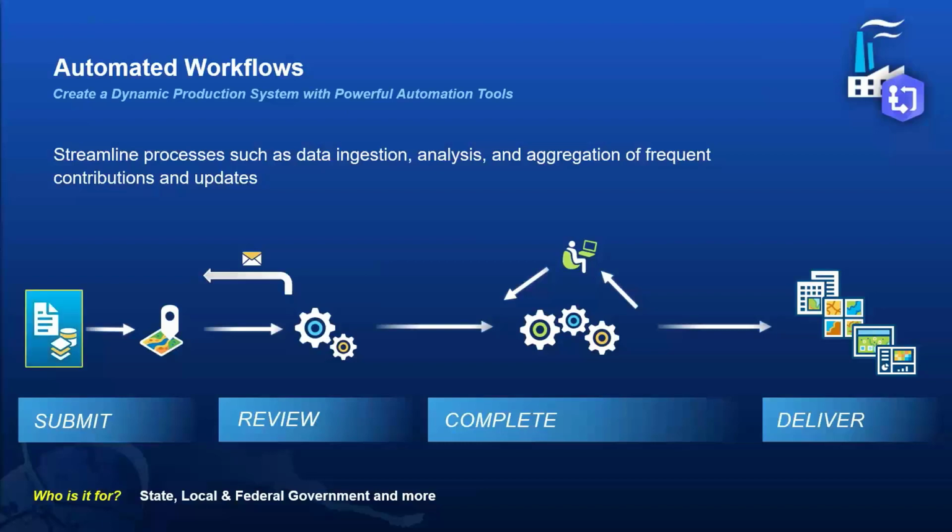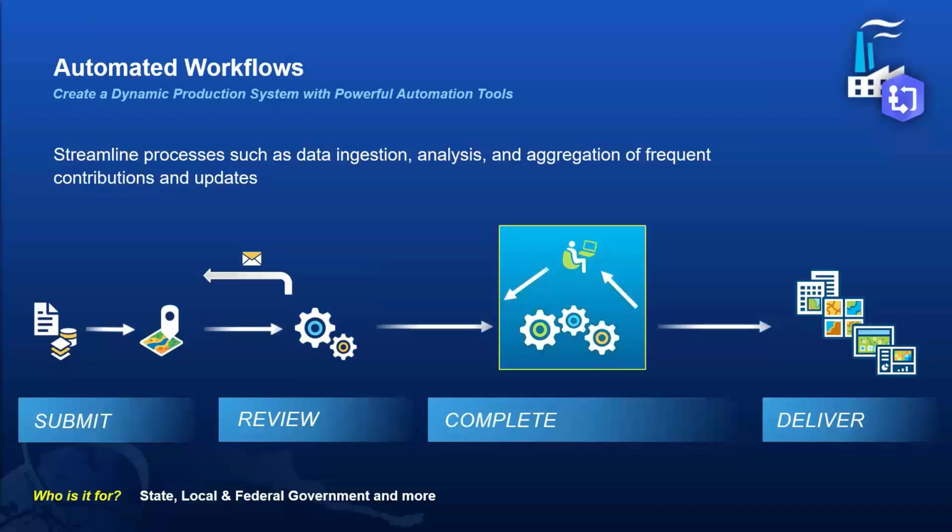So the submission of the work could be done via web request, webhook, by monitoring FTP sites on a schedule, for example, or other data sources for changes, maybe OneDrive and things of that nature. We have review. At least a cursory review could be done with geoprocessing or attribute rules, things of that nature, and the submission automatically reviewed, accepted, or rejected in that way.